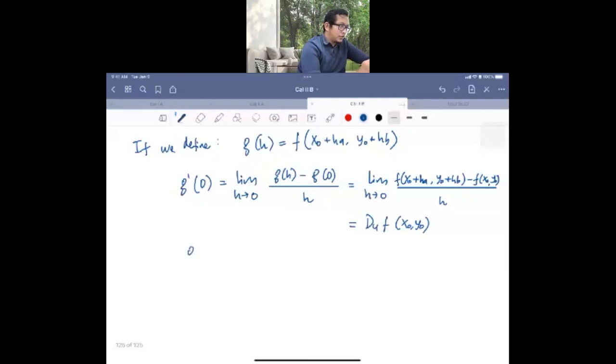Now we can write this g(h) in terms of f(x, y), where x is x0 plus ha and y is y0 plus hb.